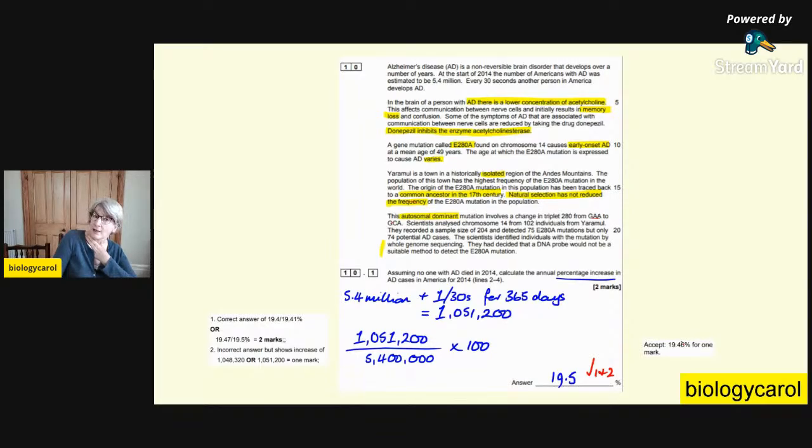If you didn't round correctly, you only got 1 mark, then kind of fair enough. This number here is actually what you'd get if you'd only accounted for the next 364 days, not 365. Okay.